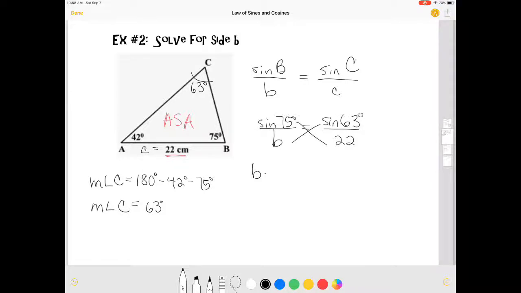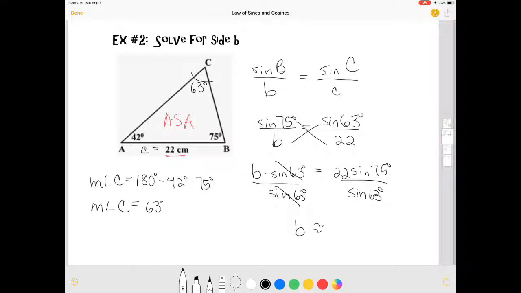So we get B times the sine of 63 degrees equals 22 times the sine of 75 degrees. And now to get B by itself, divide out the sine of 63 degrees. Those cancel, and we get B is about 23.8 centimeters. And that's it.